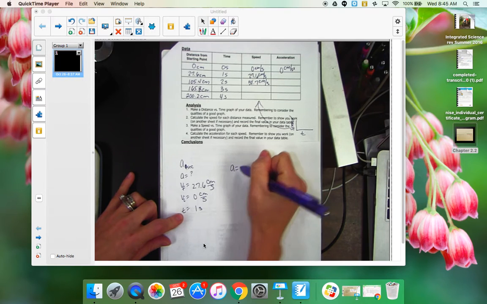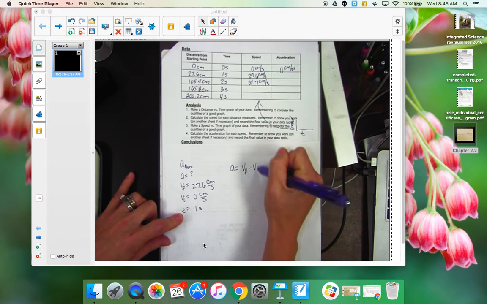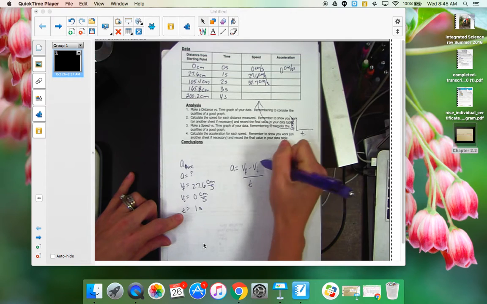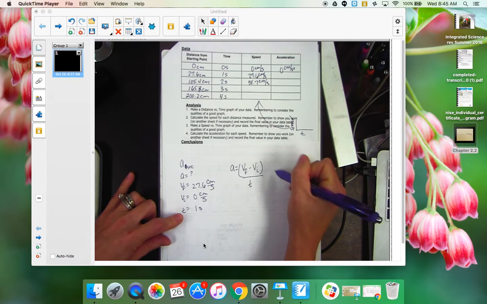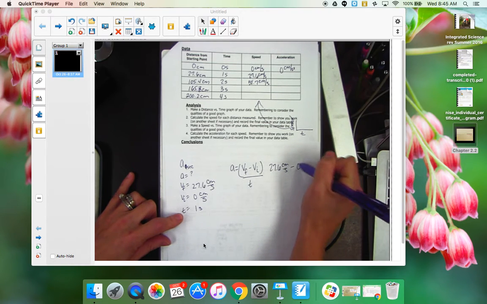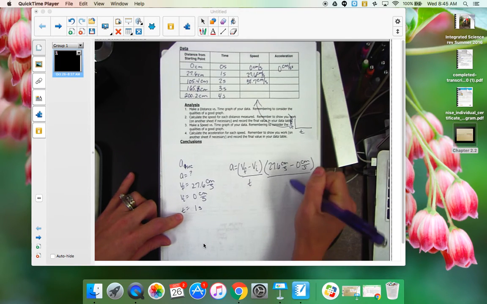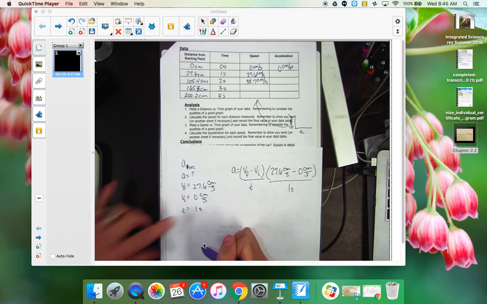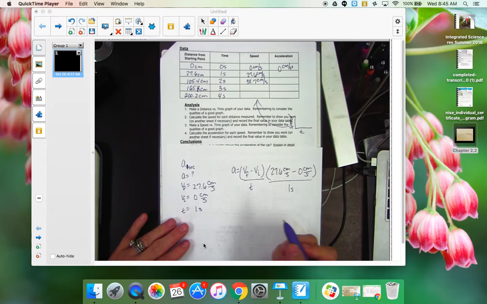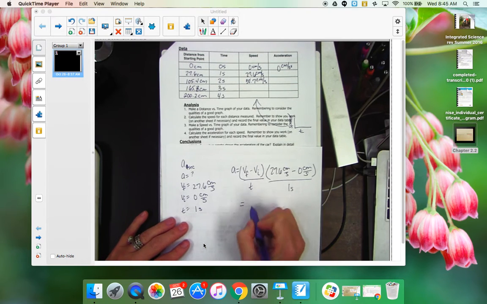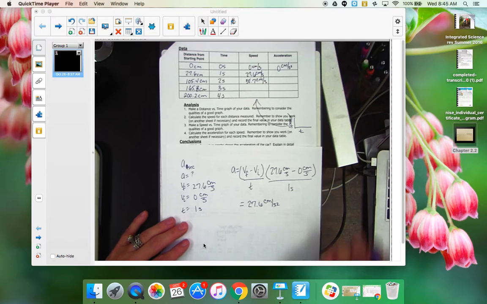So A equals VF minus VI over T. Plug in my variables, 27.6 centimeters per second minus 0 centimeters per second over 1 second. Plug that into my calculator, and I get 27.6 centimeters per second squared.